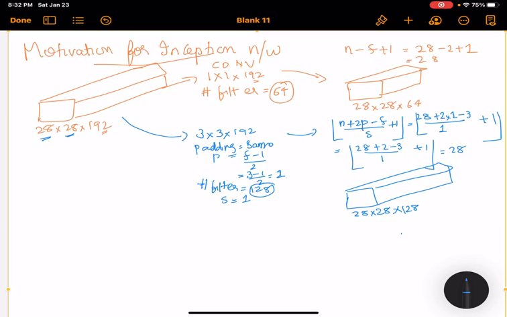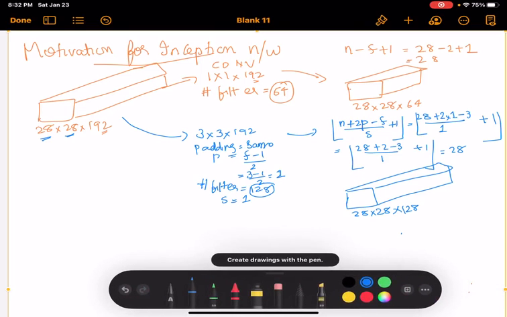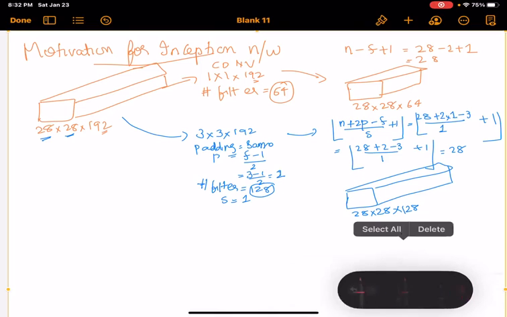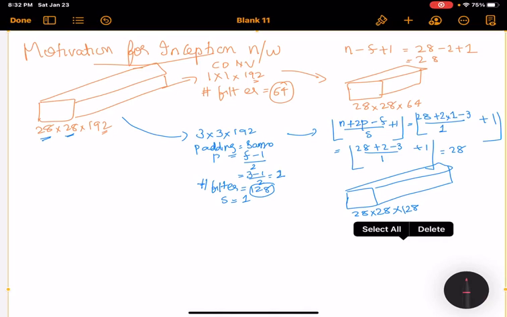Now similarly, I say that now I will do say 5 cross 5 convolution. So I have now a 5 cross 5 convolution, and of course its depth will be 192.